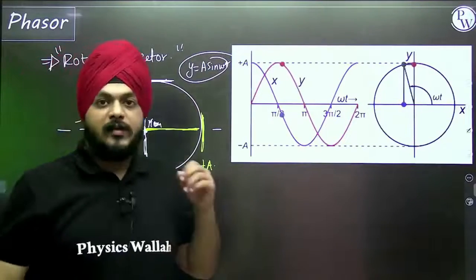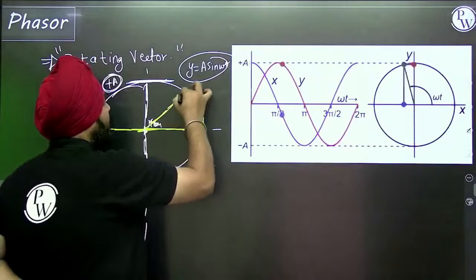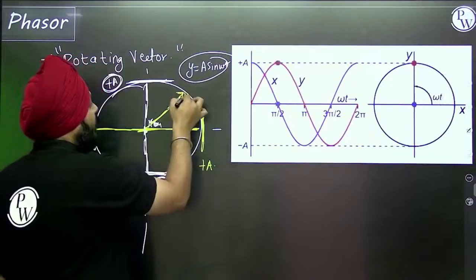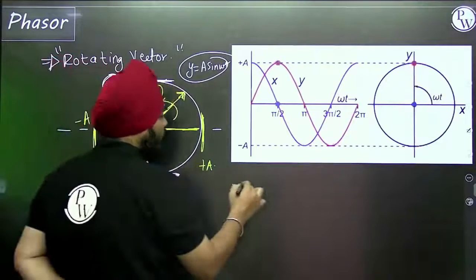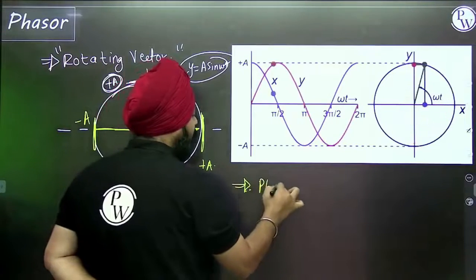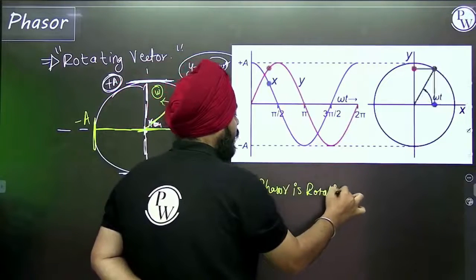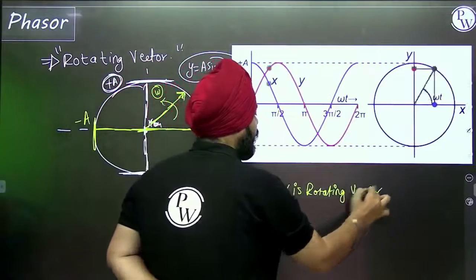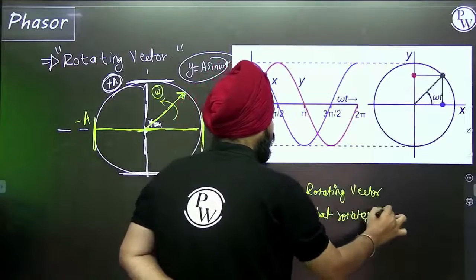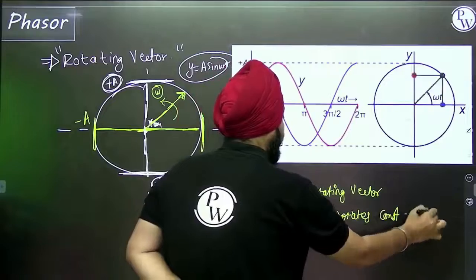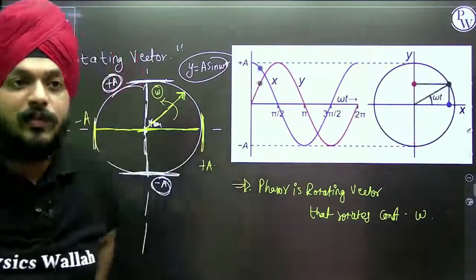What is the phasor? Phasor is the rotating vector that rotates with the constant angular velocity omega. Phasor is a rotating vector that rotates with the constant angular velocity omega.